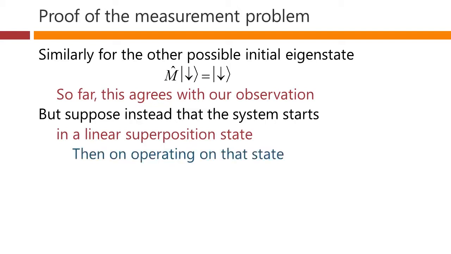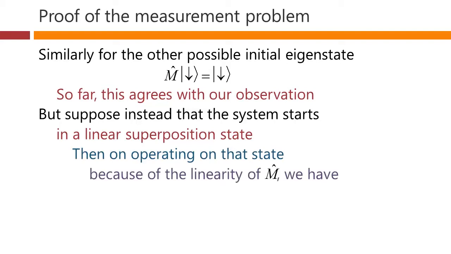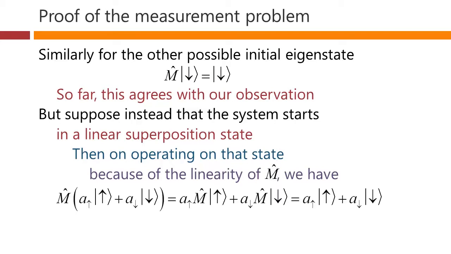Then, on operating on that state, because of the linearity of this operator, because the measurement system is presumably a quantum mechanical system, we have that the action of the measurement system on this linear superposition gives us the linear superposition of the measuring system acting separately on the components. And that means that the measurement system acting on this superposition gives us the superposition of the states.